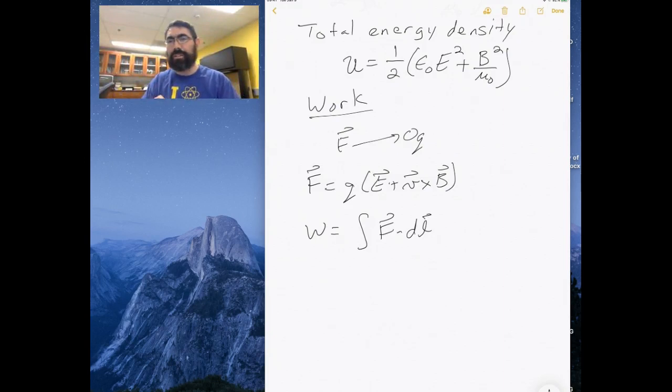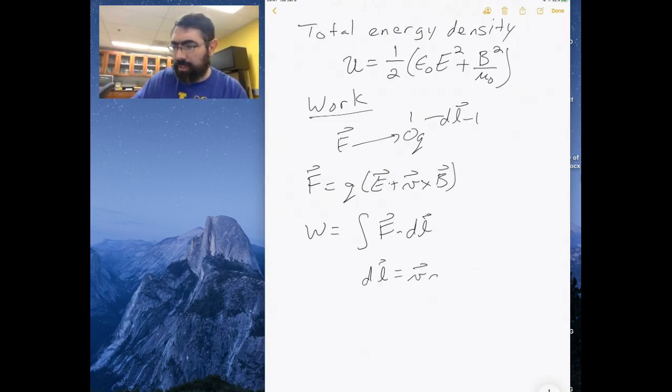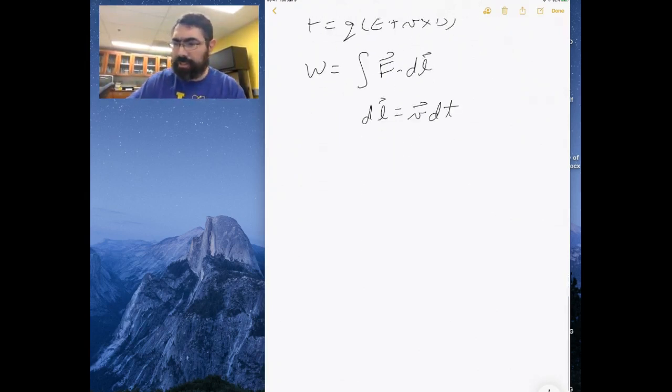Now this dl, that it's moved, I can actually get that from the velocity of the particle. So dl would be equal to v times the time. So if I put that in, I get a force dotted into v dt.